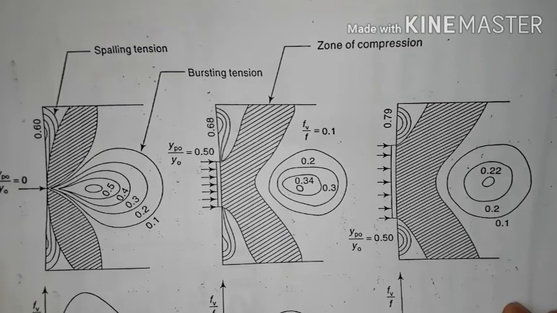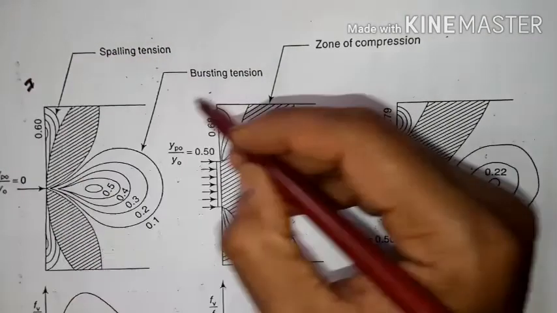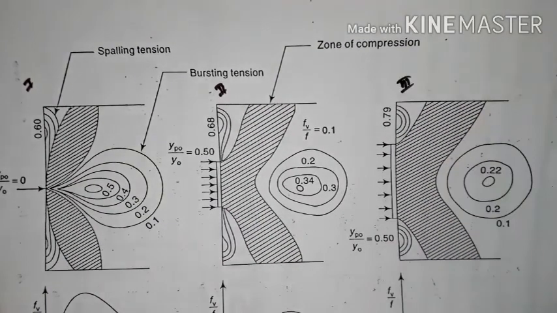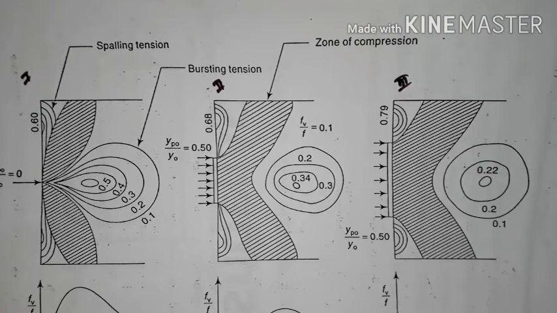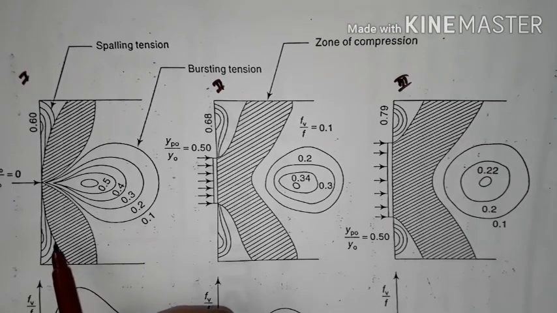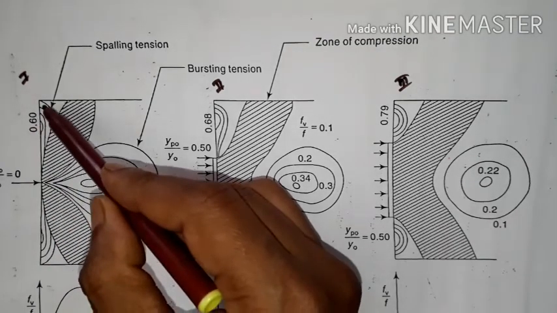Look at what is happening here. This is the first case, second case, third case. Look at the distribution of forces. In the first case, it is very near to the end block or the bearing plate.